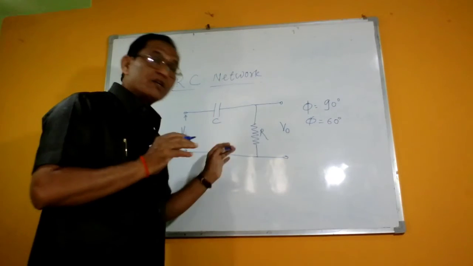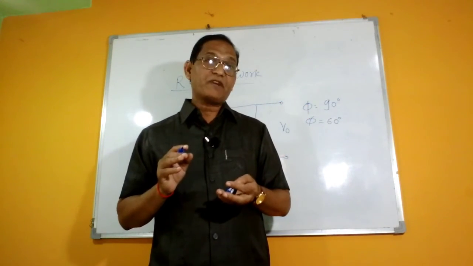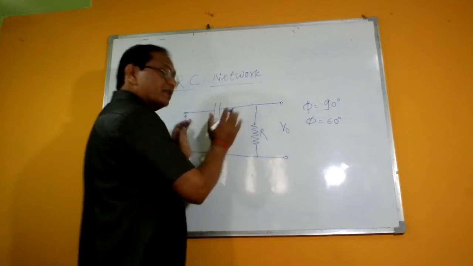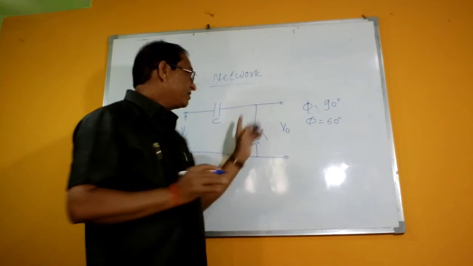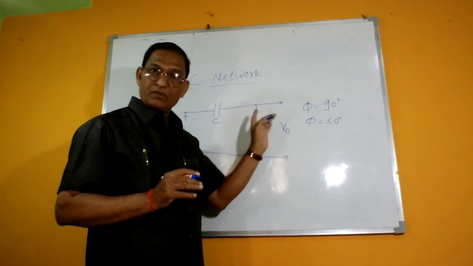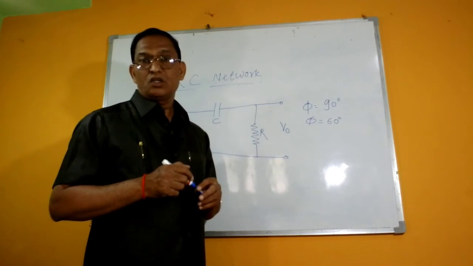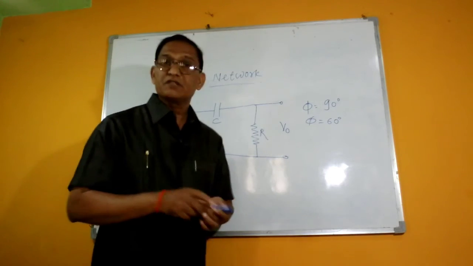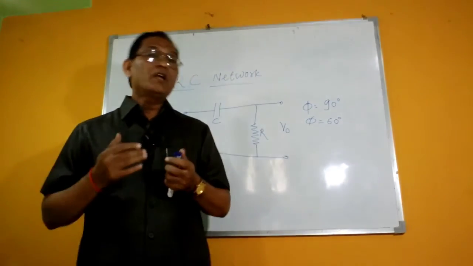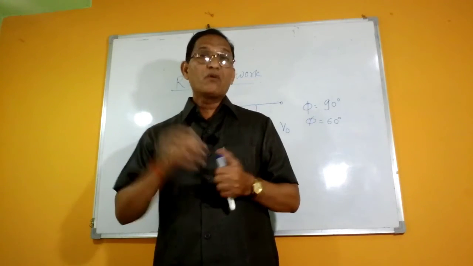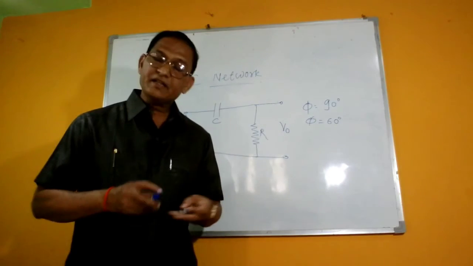And the condition, what we call the Barkhausen criterion, is to be satisfied by just using the cascade of 3 networks together. So the 180 degree phase shift is obtained by this RC network, and another 180 degree phase shift is obtained by the transistor, so that whatever energy is fed back to the tank circuit or the oscillator circuit will be in phase, so as to overcome the losses in the tank circuit.